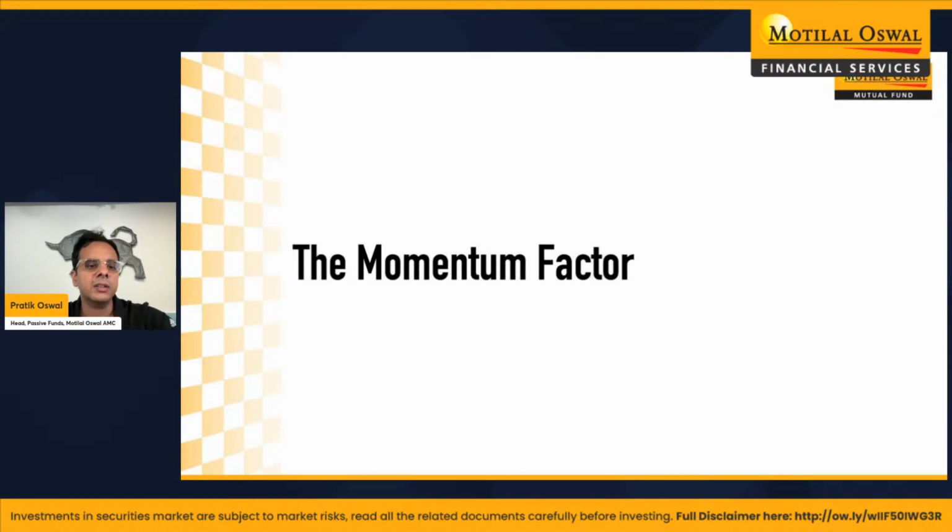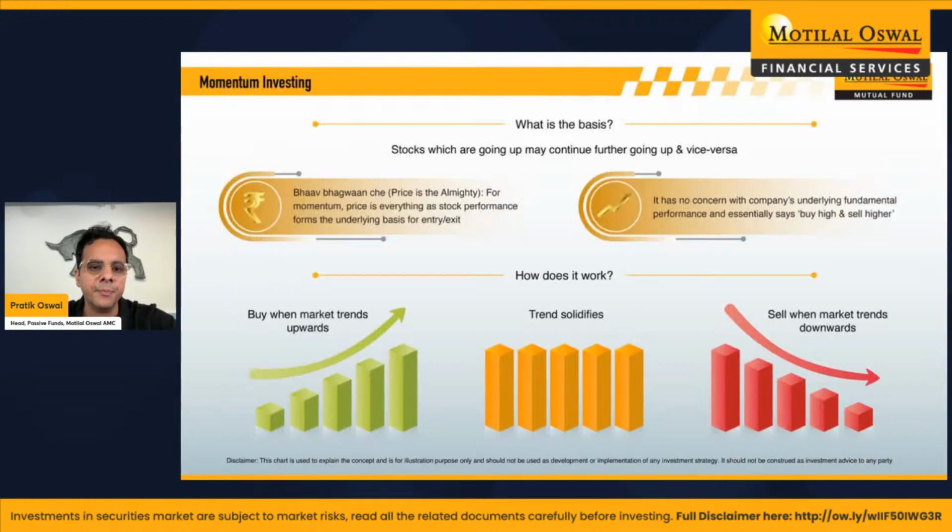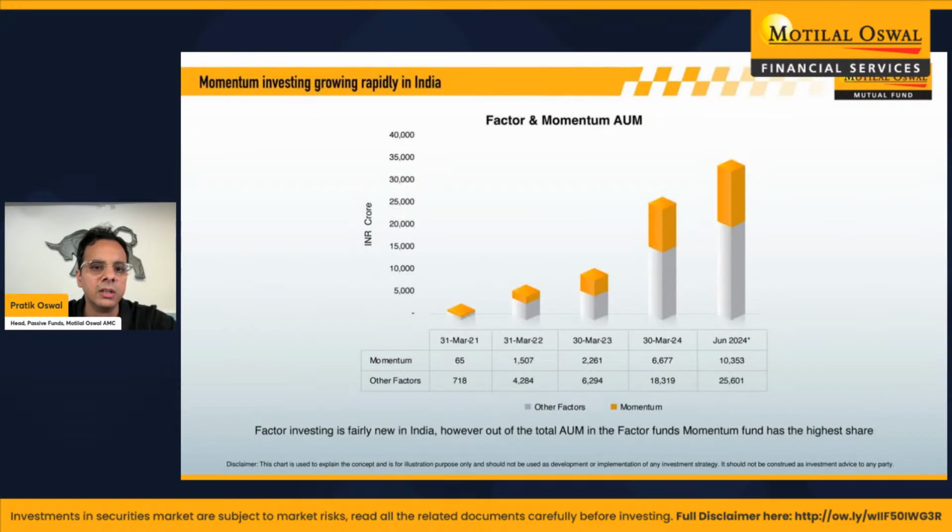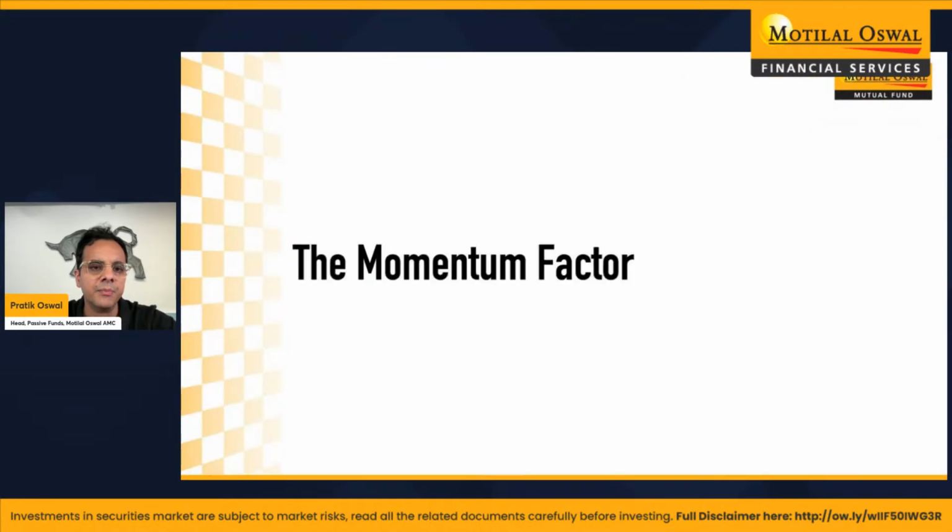But essentially, if you look at investing today, you're essentially investing in strategies. A lot of fund managers would have a quality style, a value style, or a growth style of investing.